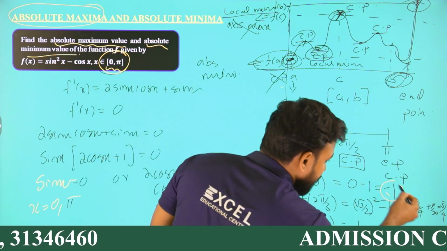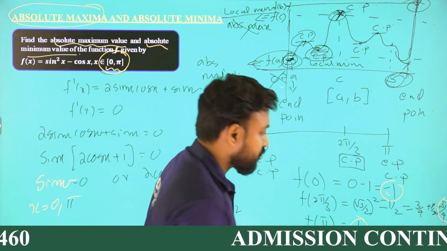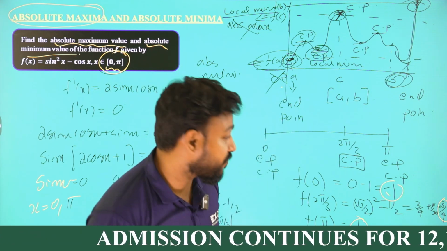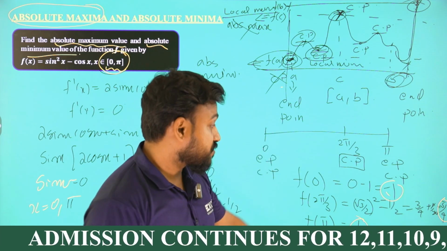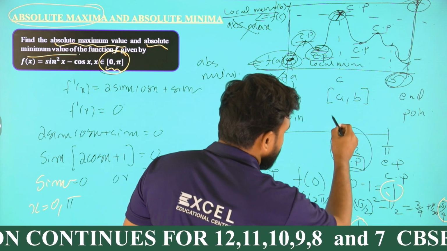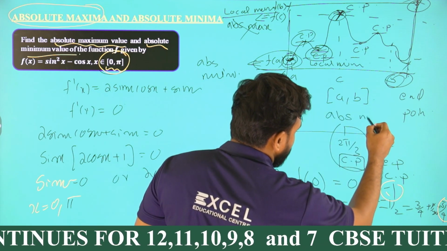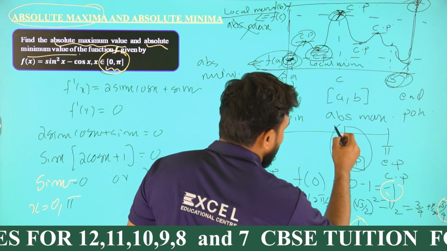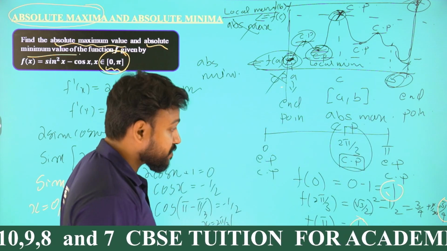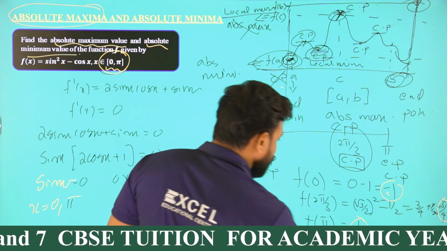Out of these three values, which one is the biggest value? 5 by 4 is more than 1. So this is the absolute maximum. At this point, the absolute maximum is there as well as a critical point. Absolute maximum at a critical point. And the minimum value is minus 1 at 0.